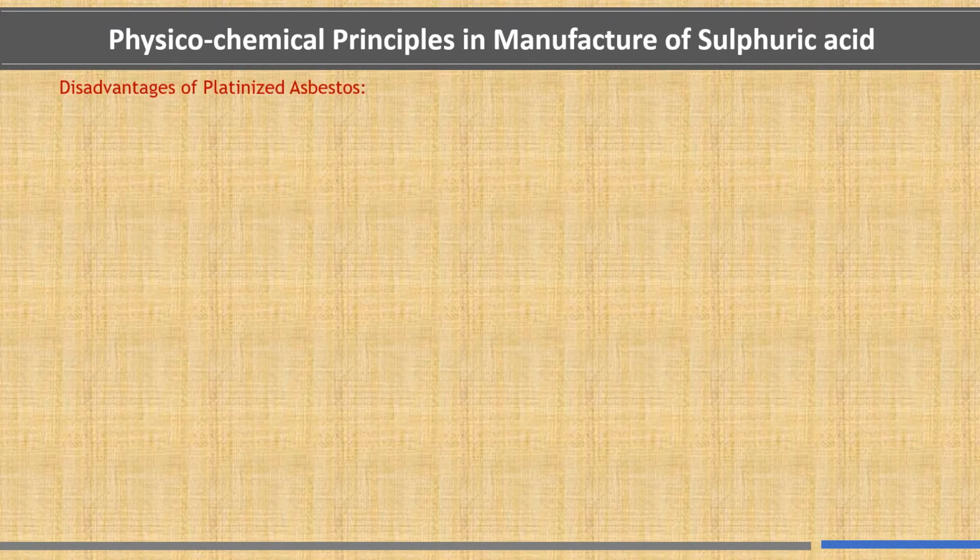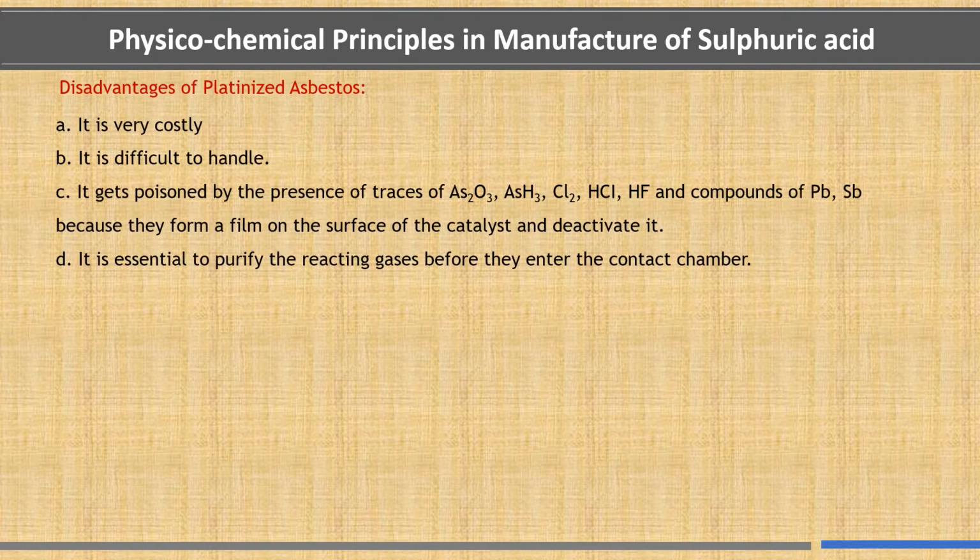Disadvantages of platinized asbestos: it is very costly, it is difficult to handle, and it gets poisoned by the presence of traces of As2O3, AsH3, Cl2, HCl, HF and compounds of Pb and Sb, because they form a thin film on the surface of the catalyst and deactivate it. It is essential to purify the reacting gases before they enter the contact chamber.